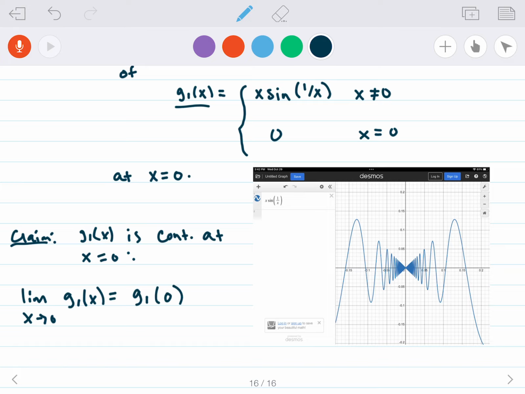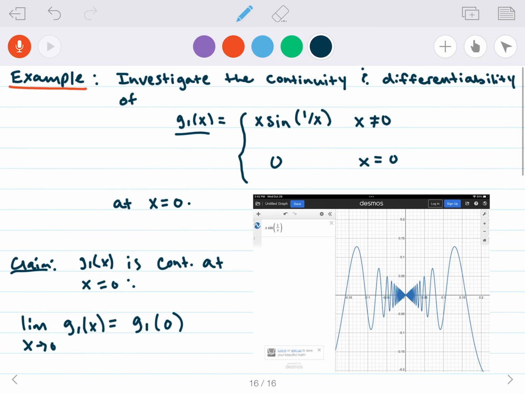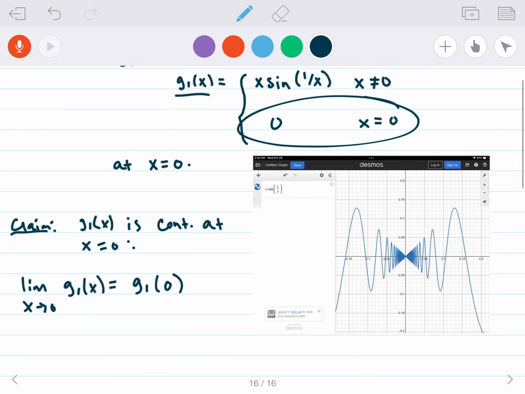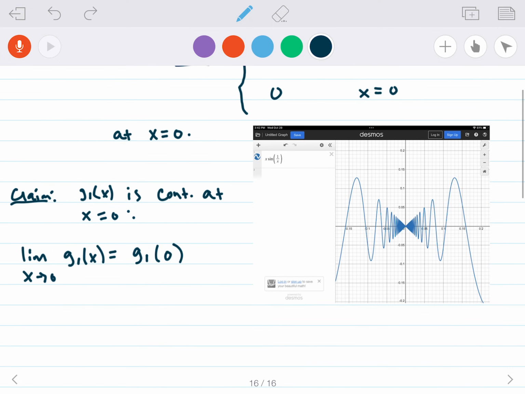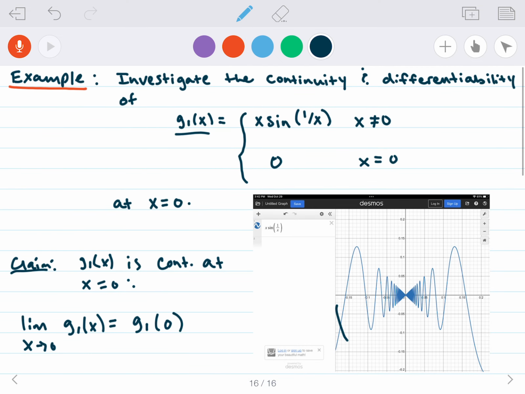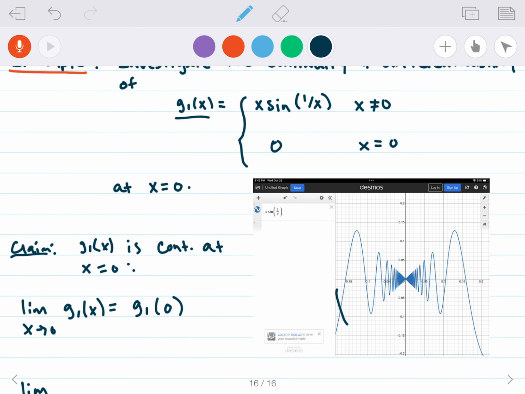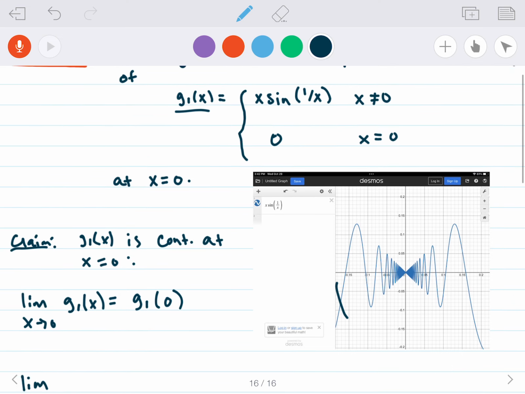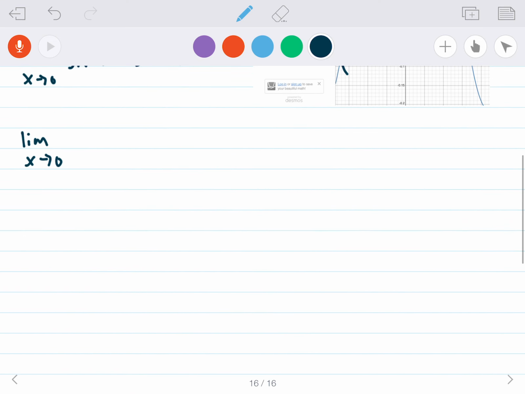That's what it should be. Now, if I'm taking the limit, I'm using this top piece because we don't care what happens at the value that x is approaching. So this is going to become the limit as x goes to 0 of x sine of 1 over x.